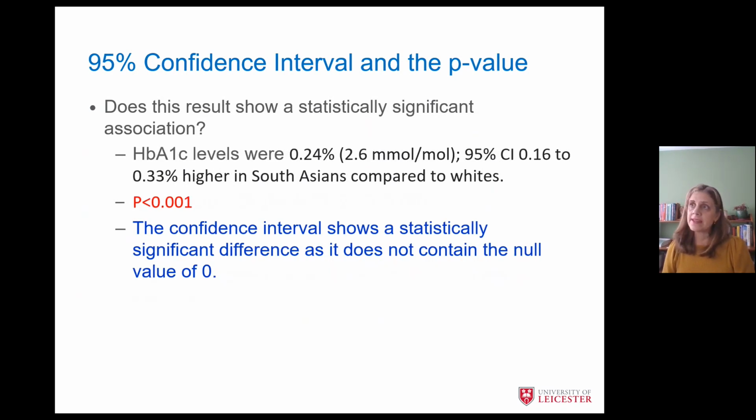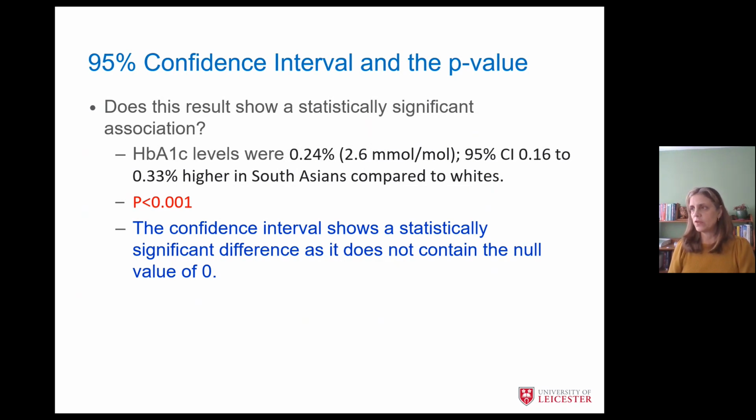And here we have an example for a difference. So this time we're looking at HbA1c levels, and we've found that there was a difference of 0.24% between South Asians and whites, with it being higher in the South Asians. And the 95% confidence interval around this estimate went from 0.16 to 0.33. So this time, because we're looking at a difference, the null value is 0.